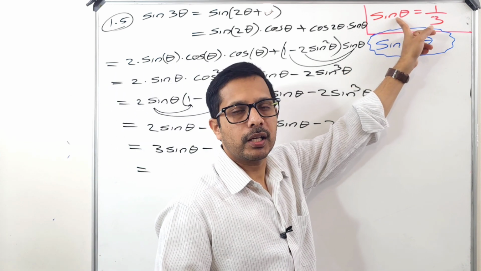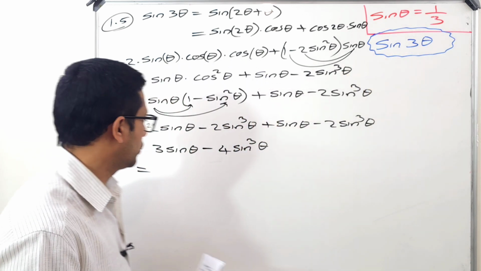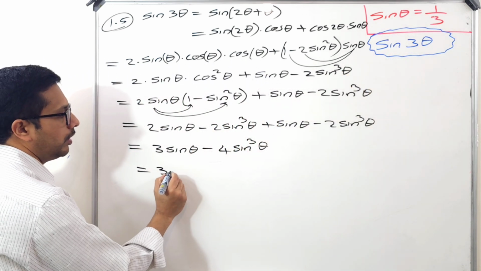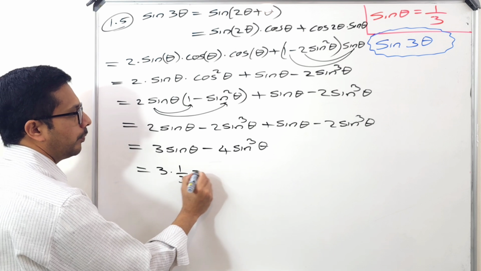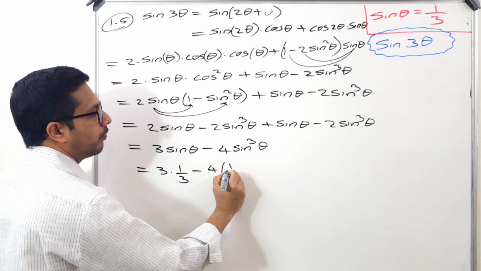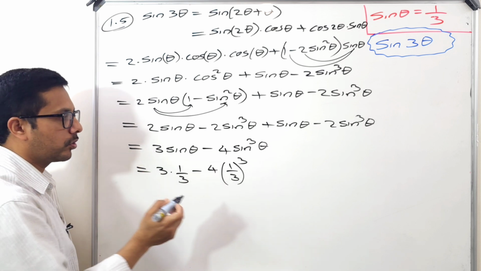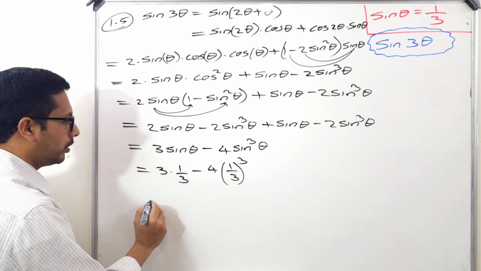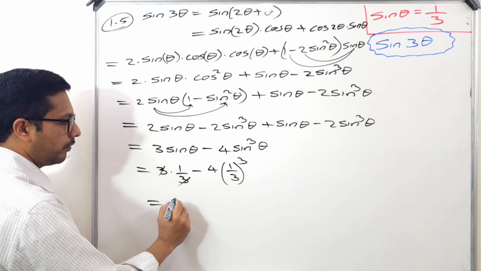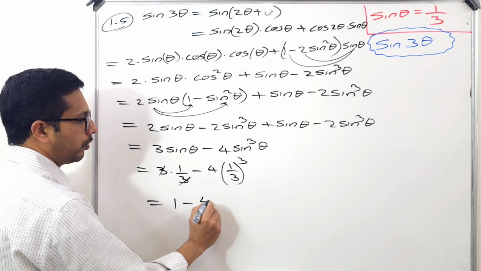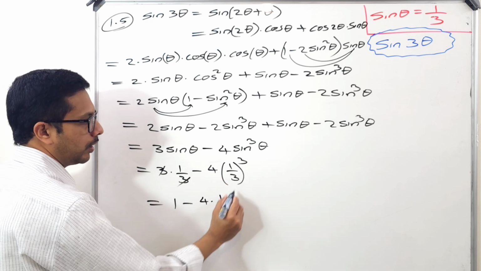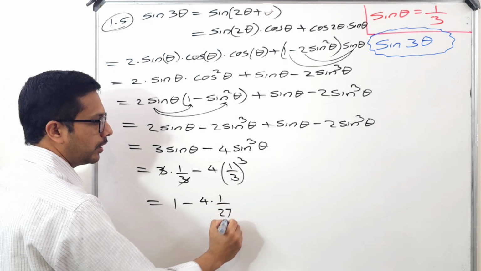Yeah, it is given that sine theta is 1 over 3. So we can substitute here: 3 into 1 over 3 minus 4 into 1 over 3 cube. So this 3 and 3 cancel, 1 minus 4 times 1 cube is 1, and 3 cube is 27.